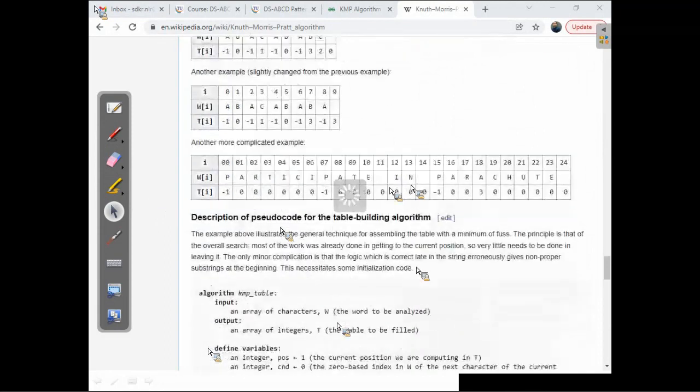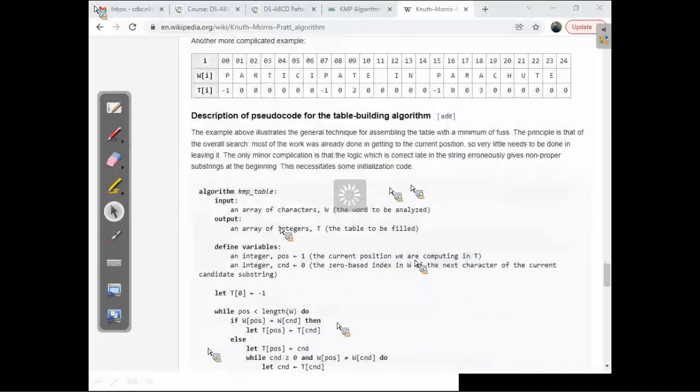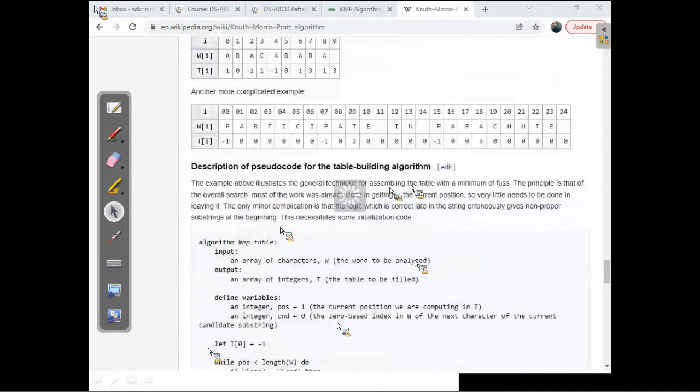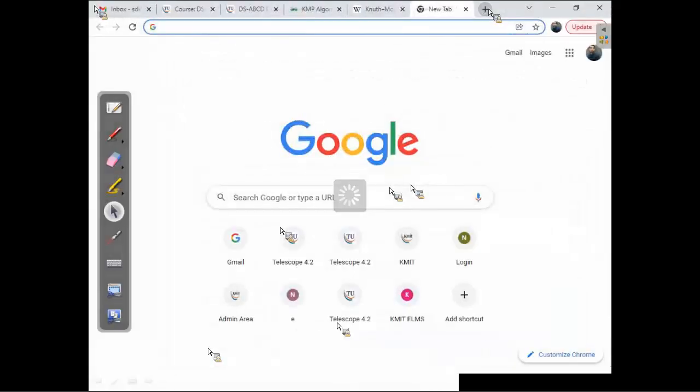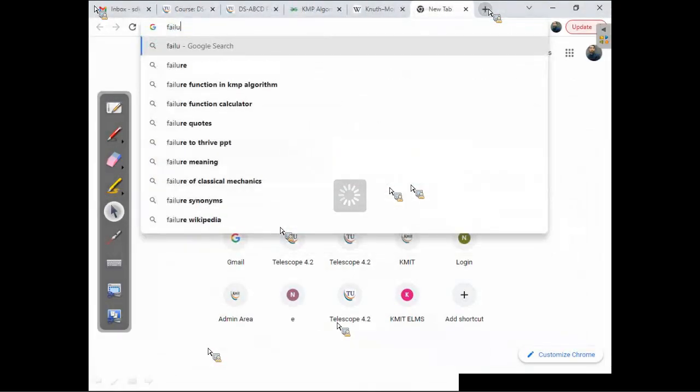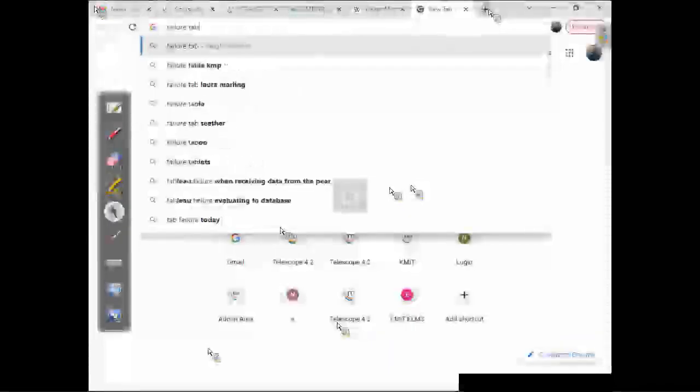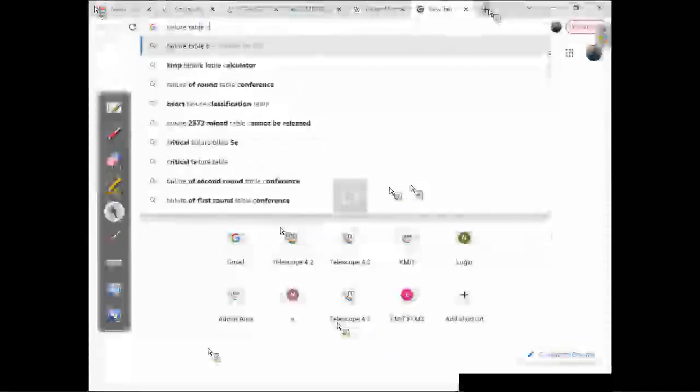Let's see whether we have another example. Take another failure table computation for KMP. Failure table for KMP.